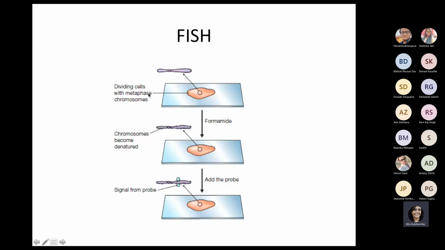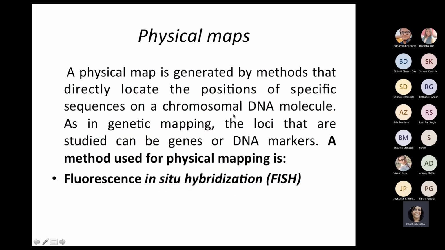If you do the probing at the interphase stage, the chromosome is more unpacked and present in the form of chromatin. You know that chromatin, when it folds further, becomes chromosome.